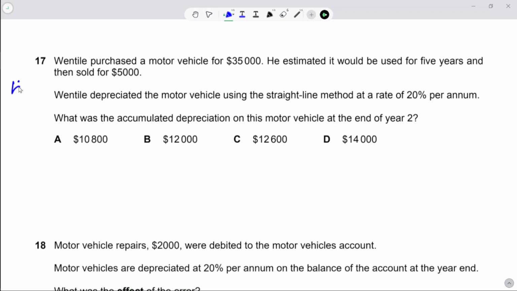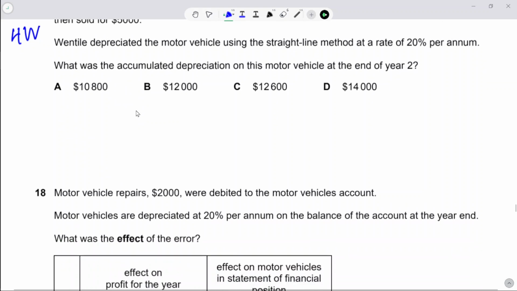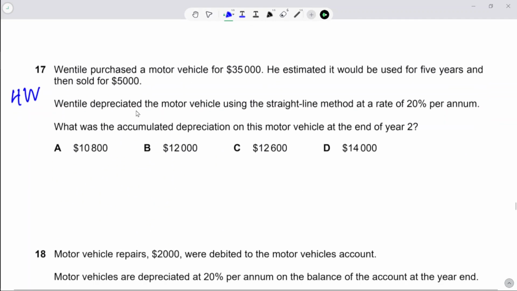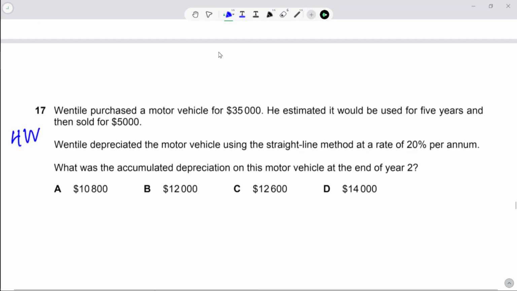This one homework. Okay, this one gives you a hint. This one is actually residual value.